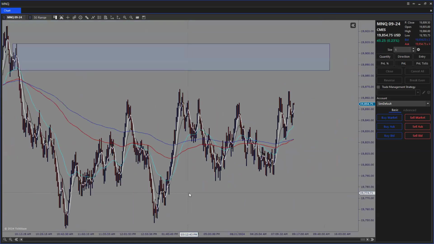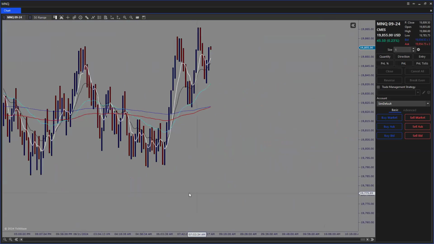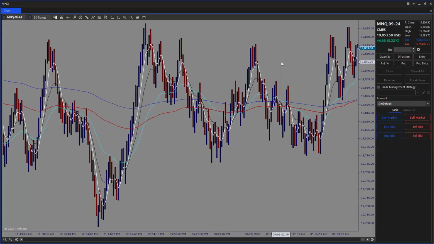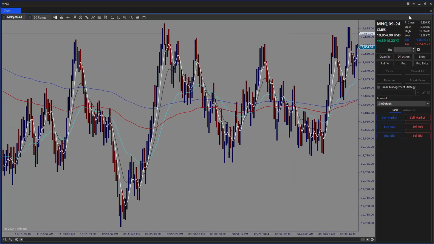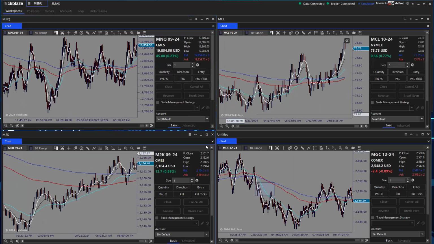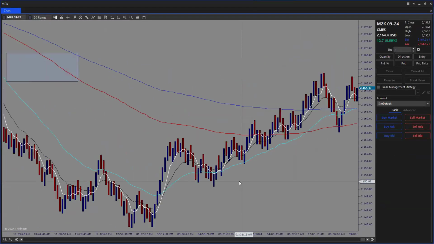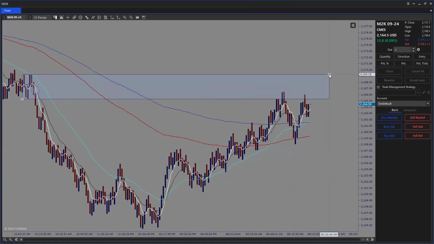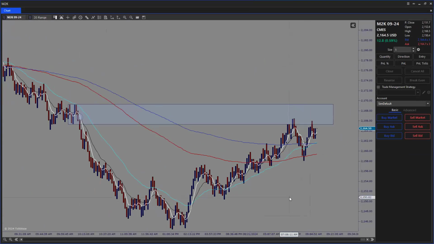So this one, sorry, yeah, that one's still valid. So we can keep an eye on that one. And here's yesterday's zone. It worked out pretty nicely in the pre-market. Nice area to trade.